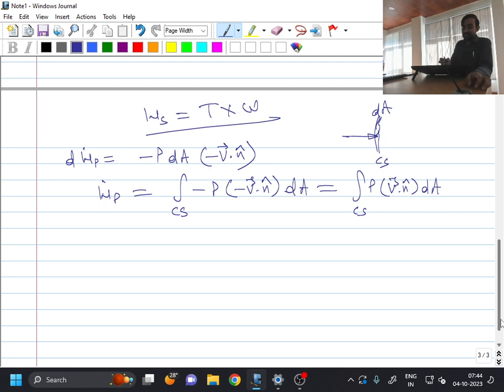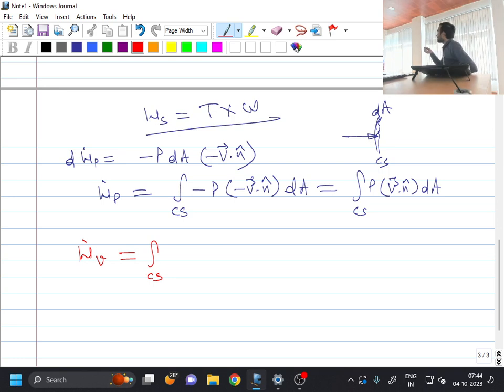Similarly, I can have another work which is called shear stress work or viscous work. The viscous work will be in a similar fashion: Wv equals the integration over the control surface. Now, what will be the viscous force?